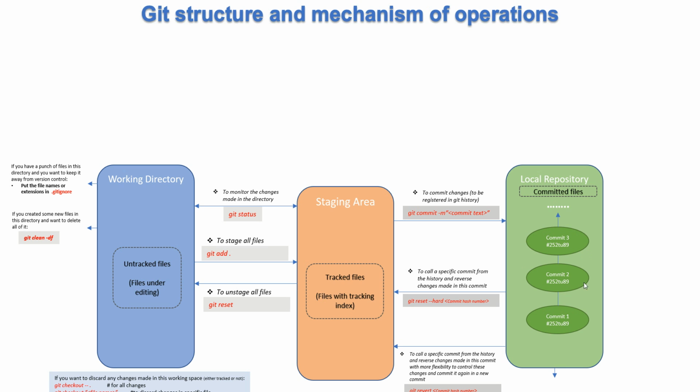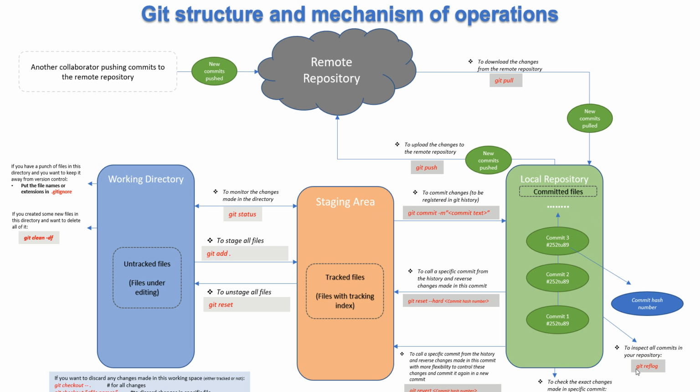I have three commits, and every commit has a hash number. Let's see how to check all these commits and have all these versions available in front of me. You can do this by using git reflog. It will give you all the commits which you did inside your machine.